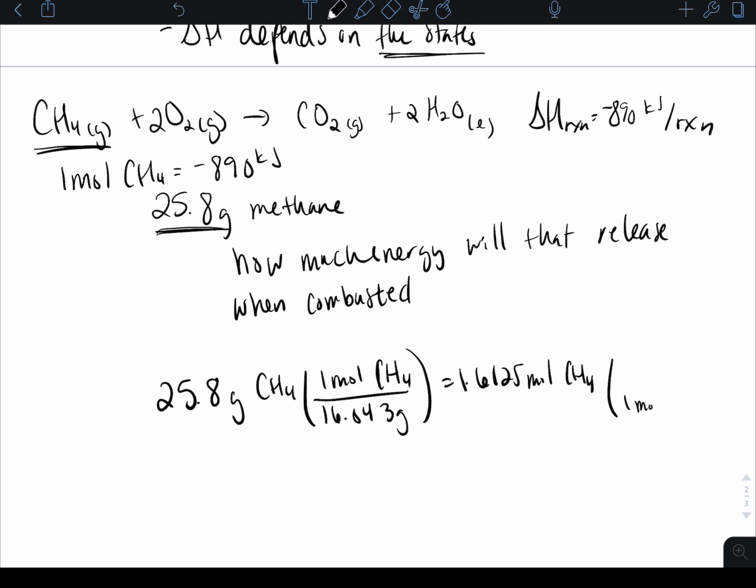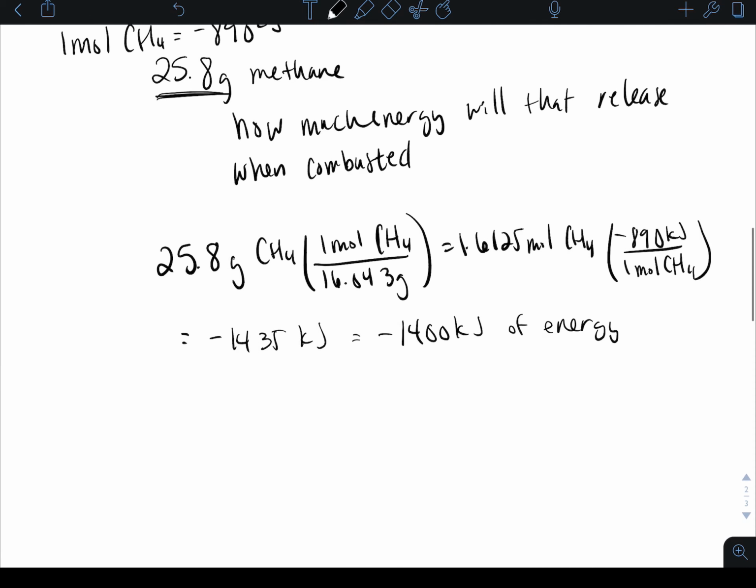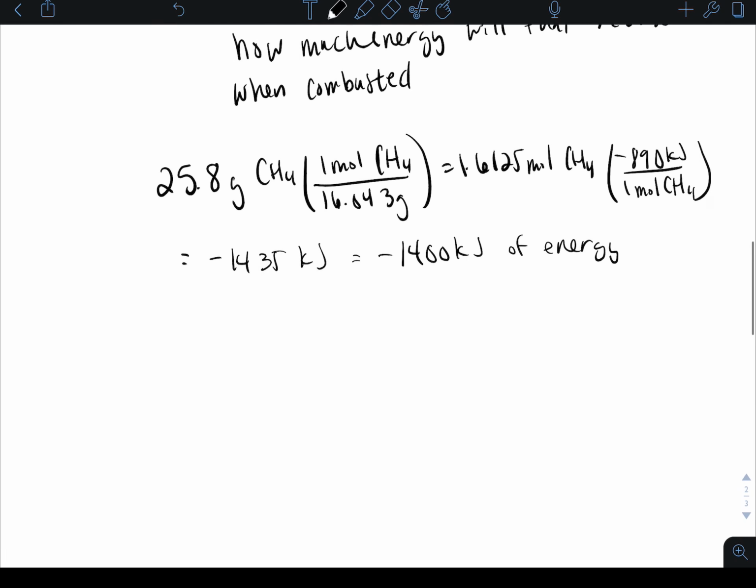So 1 mole of methane produces negative 890 kilojoules of energy. So we will get negative 1,435 kilojoules, and with the correct number of sig figs, negative 1,400 kilojoules of energy will be released when 25.8 grams of methane are combusted.